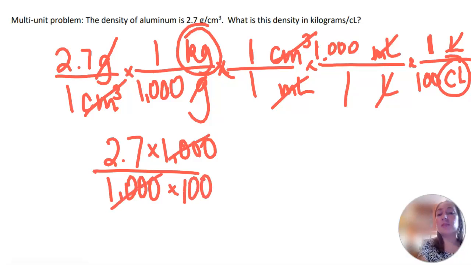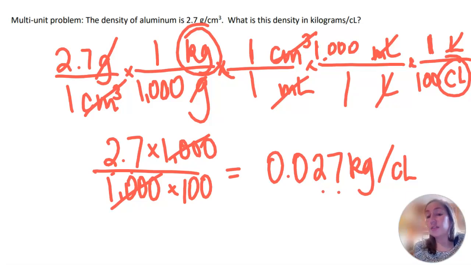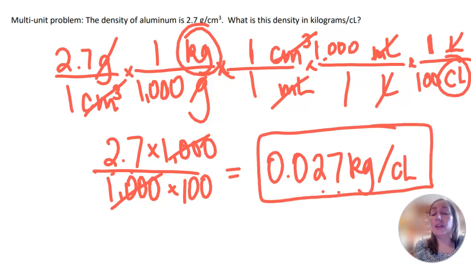Oh boy, those thousands actually cancel. 2.7 divided by 100 is again 0.027, and it's kilograms per centiliter. And 2 sig figs, my leading zeros don't count, so I've got 2 sig figs. So 0.027 kilograms per centiliter for that last problem, and there's more than one way to do it.